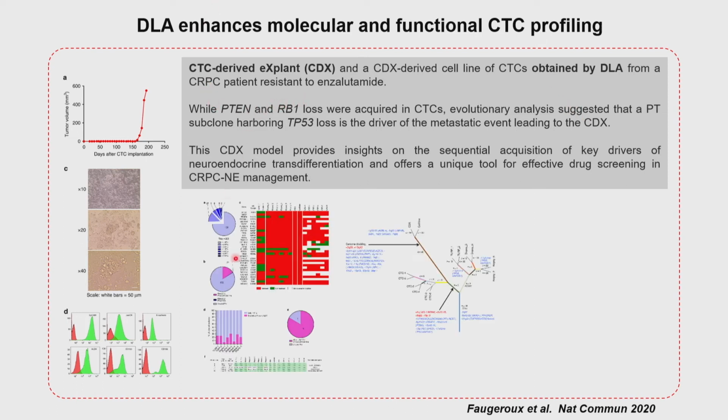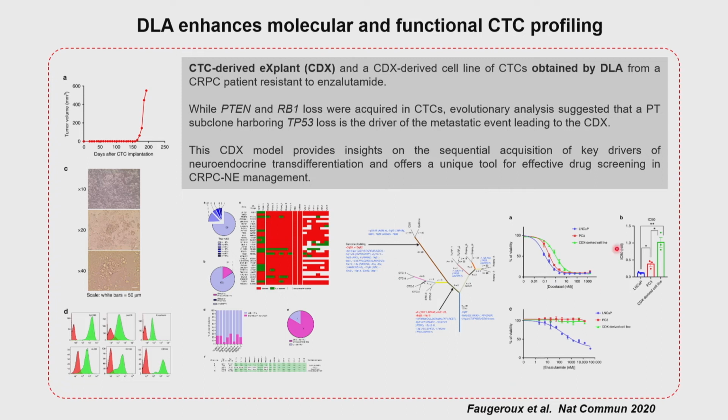The comprehensive genomic analysis of CTCs, where they did exome sequencing on single CTCs, on bulk tumor, and also on the cell line, helped them to understand the evolution of this particular case. And I think this was quite an interesting aspect: the model they established recapitulated quite nicely the sensitivity and the resistance to drugs they saw in the patient. For example, it responded quite well to taxane, but not to an androgen receptor inhibitor, enzalutamide.